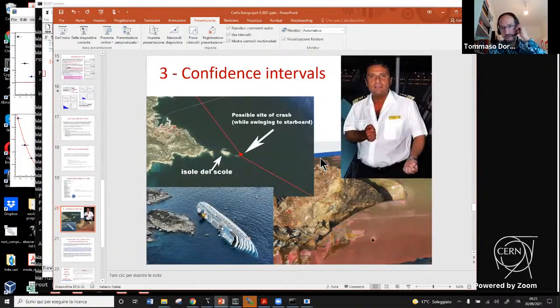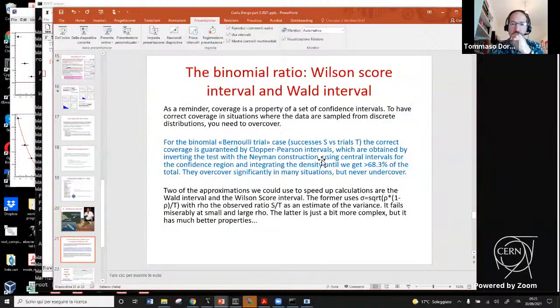So we can move to confidence intervals, in fact, because we were discussing the Wilson score and the Wald interval for the binomial ratio.